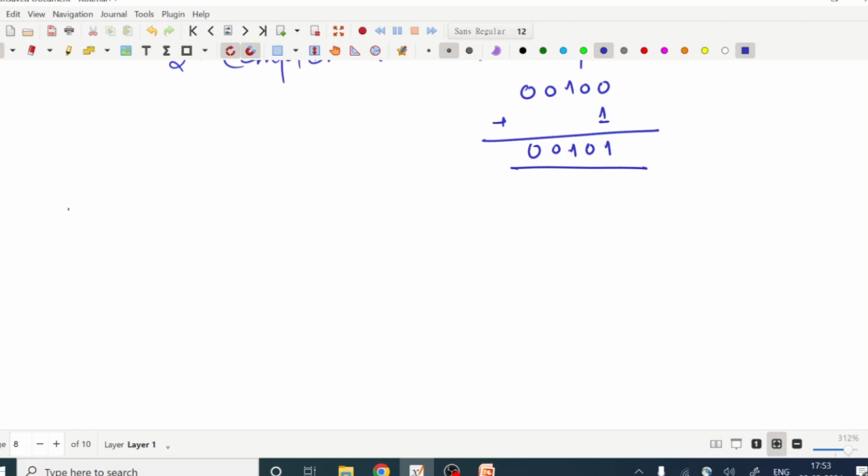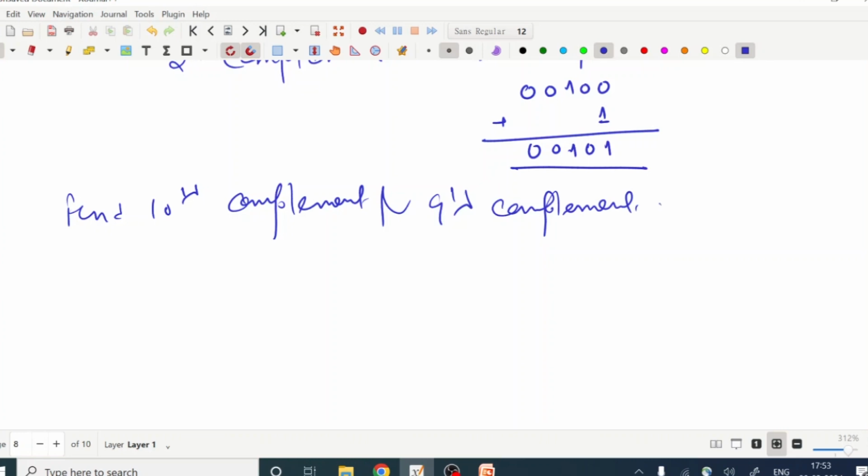Suppose we find the 10's complement and 9's complement of n equal to 385.26. This is given in the decimal number system. We want to compute the 10's complement of the number 385.26 and the 9's complement of the number 385.26.